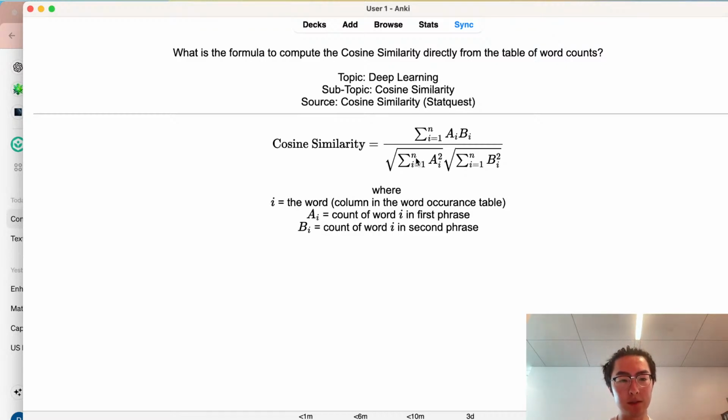So what does this do? I'm trying to think. This is like the length of vector A, length of vector B. And then you multiply the lengths together. I guess that makes sense.